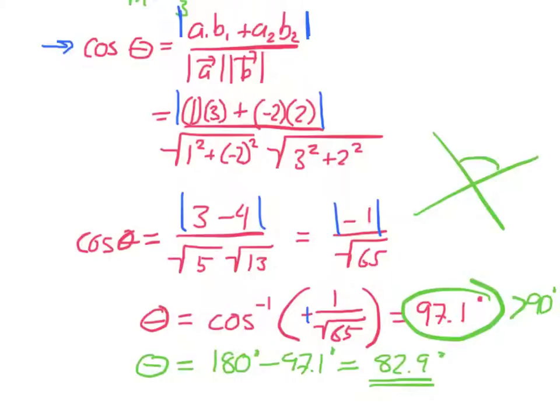And what that would do when we plug in the inverse cosine of positive 1 over square root of 65, that would bring us right to the answer here. You have to remember to put that absolute value sign only when you're finding the acute angle between two intersecting lines. I prefer to just use the dot product as is, rearrange it as needed, and then remember to find the acute angle at the end. But either way will work, and it's really a matter of preference for you.